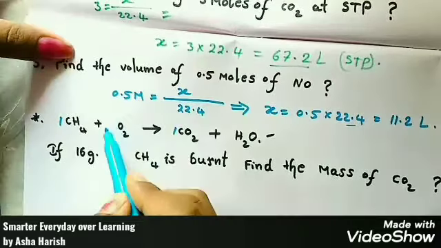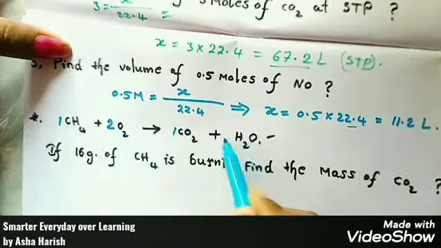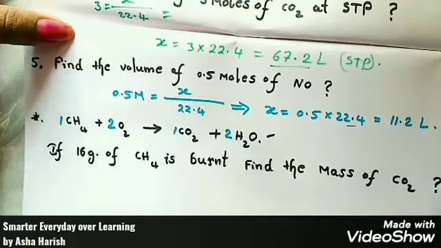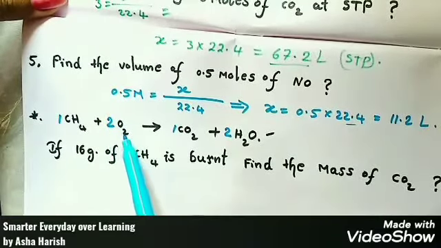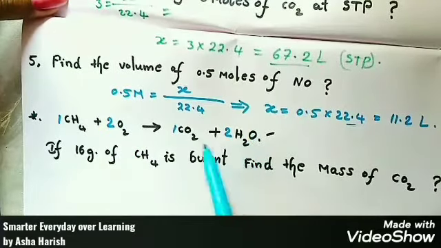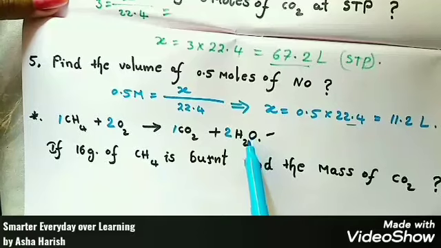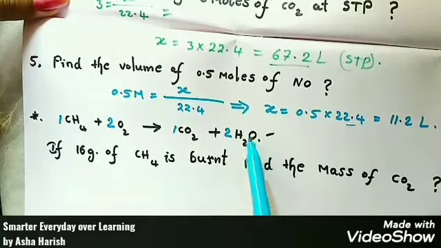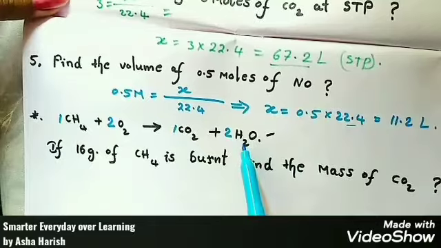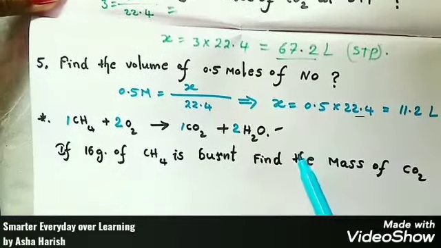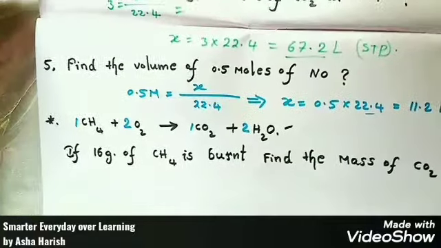So if you place the coefficient 2 here, as well as 2 before H2O, then if you count the oxygens here, 2 twos, 4 oxygens, here 2 plus 2, 4 oxygens. Coming to hydrogen, here 4 hydrogens, here 2 twos, 4 hydrogens. So here we got the balanced chemical equation.